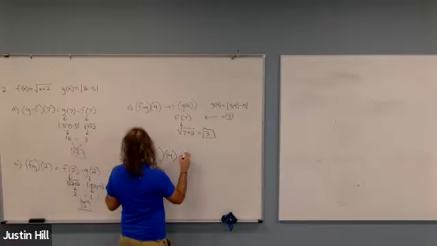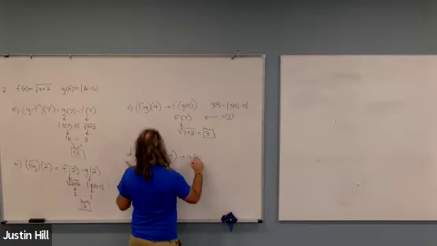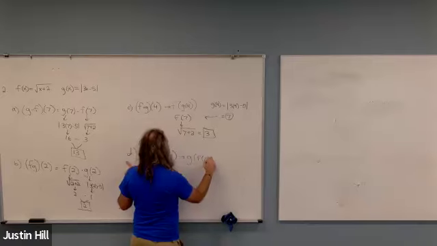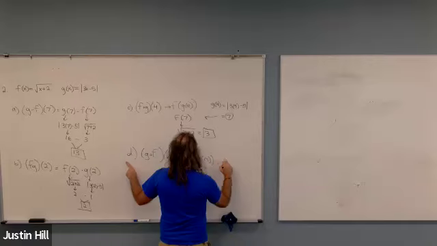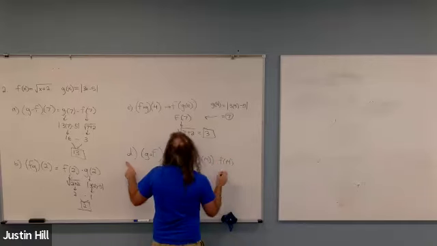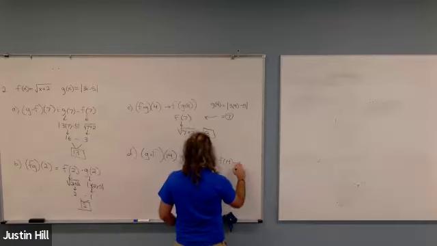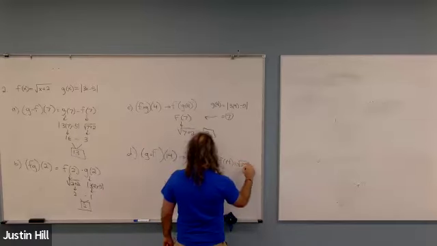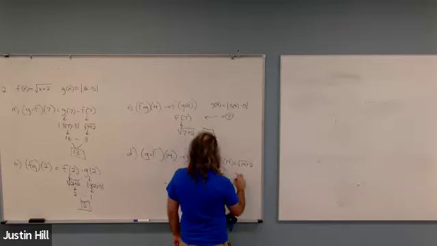So it looks like we're trying to do G of F of 14. So we start with F of 14. And what do you get out of it? 16.